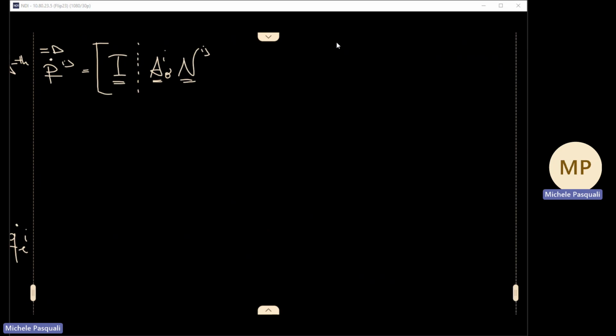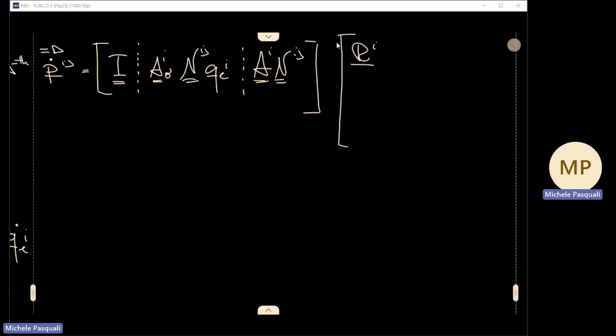Let me check. Let's write it like this: N I J Q E I, and then we have A I N I J applied over the vector of R I, theta, the differential with respect to time.